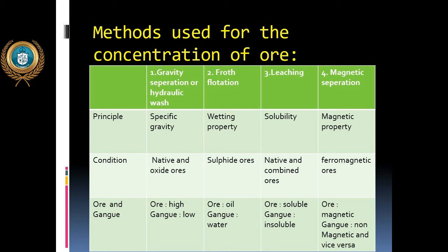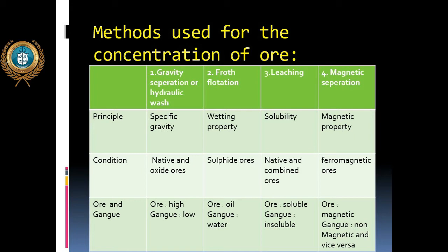Then next, the nature of ore and gang. As we have already seen, the method depends upon the nature of ore and gang. So in gravity separation, the ore will have high specific gravity and the impurity, which means gang, has a low specific gravity. And for froth flotation, the nature of ore is that it is absorbed by the oil and the gang impurities are absorbed by water.